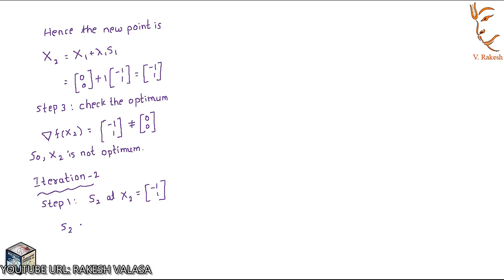S2 equal to minus delta f of x2. Similarly, you can substitute these x2 values in the delta f of x2, that is minus of 1 plus 4 into minus 1 plus 2 into 1, minus 1 plus 2 into minus 1 plus 2 into 1. This value is 1 1.